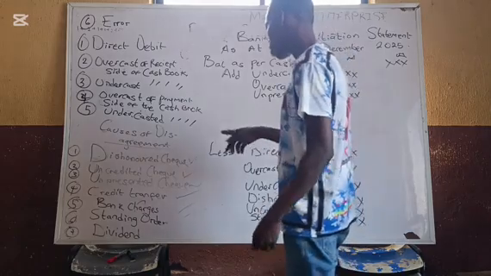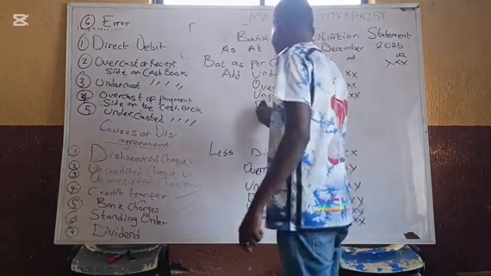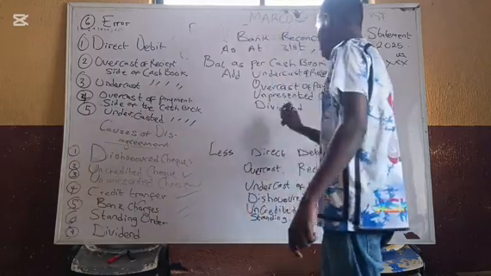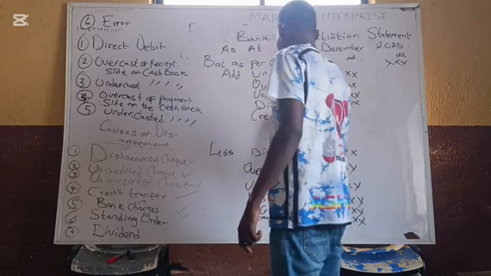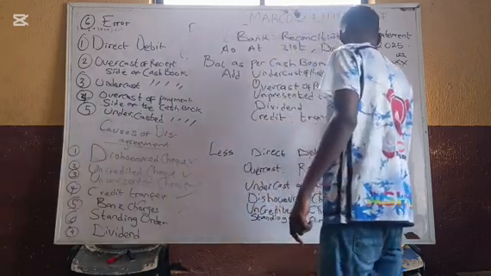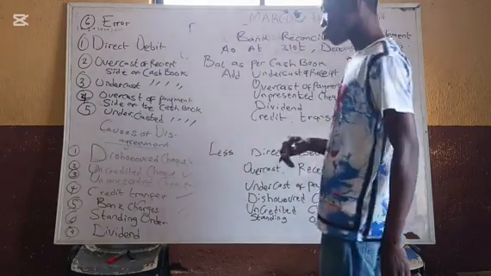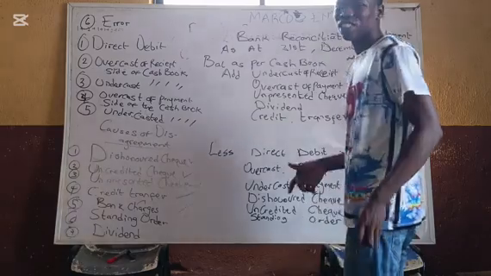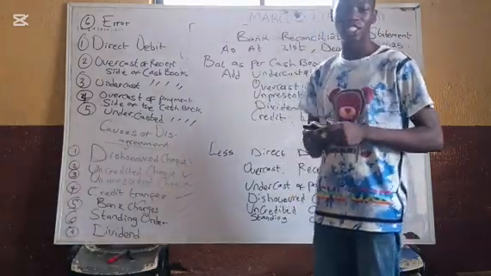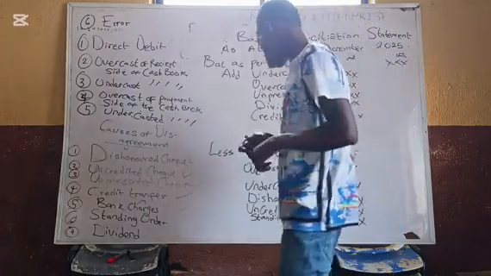Now we added what here again? We added dividend and credit transfer. So the question may be in a different form. It may not be the one we have listed here today, but when you understand how to interpret all these things, that is when you can solve any question on it.